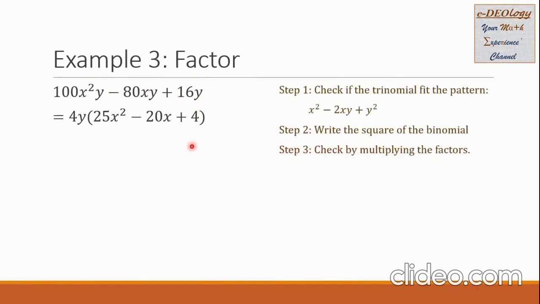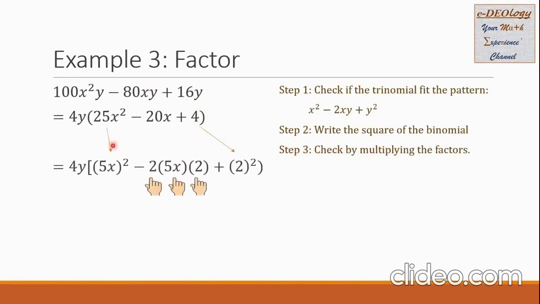Now, I will check if this new trinomial is a perfect square trinomial. I will rewrite 25x squared into the square of 5x and that 4 to be 2 squared. In the middle term, first I will copy the sign, the negative. Then I will take this 5x right here.